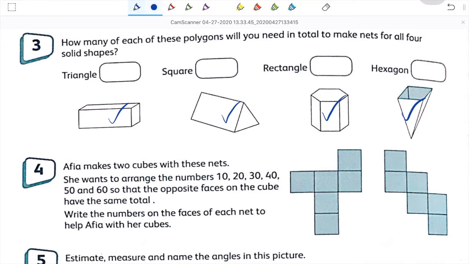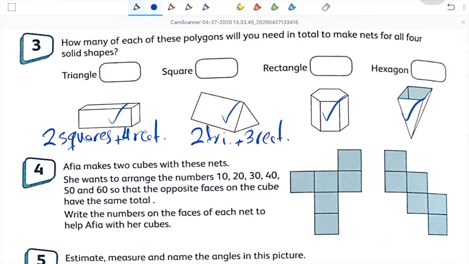So in order, about the cuboid, we will have 2 squares plus 4 rectangles. About the prism, we will have 2 triangles plus 3 rectangles.